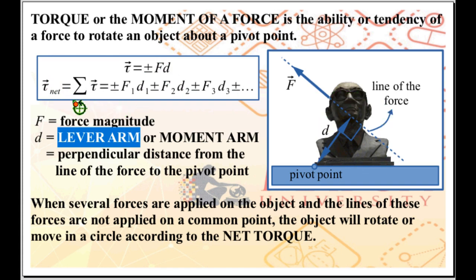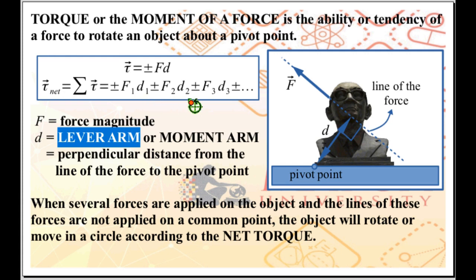So you have torque net is equal to plus minus F1 d1 plus minus F2 d2 plus minus F3 d3 plus minus and so on.